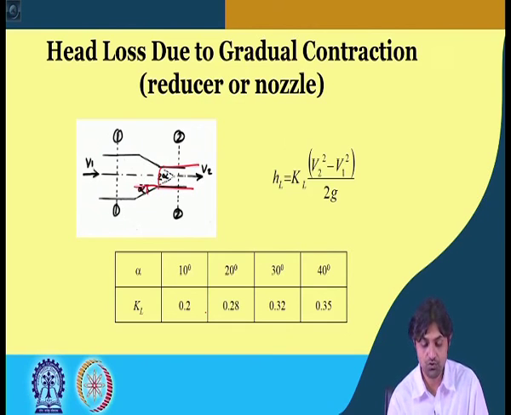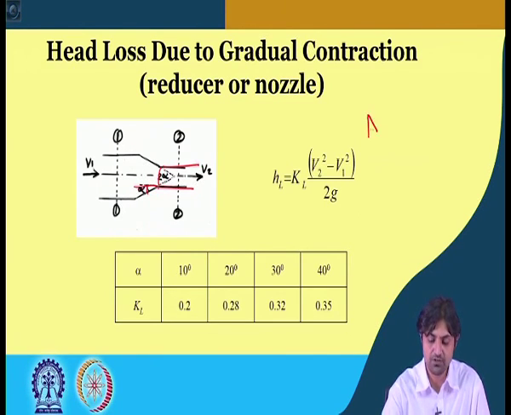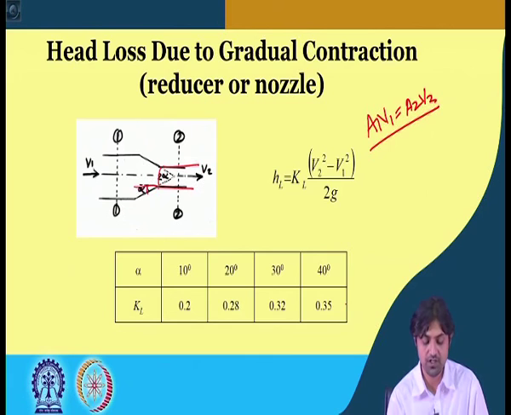In that case, you do not have to worry about area 1 and area 2, because it will already be taken care of by the continuity equation, A1 V1 is equal to A2 V2, just a different way of writing. So, if there is a 15 degree alpha, then you just take the linear interpolation, and 0.24 will be the KL.